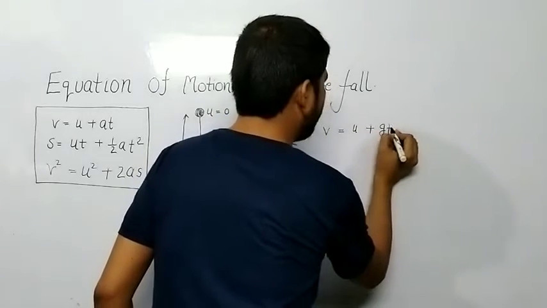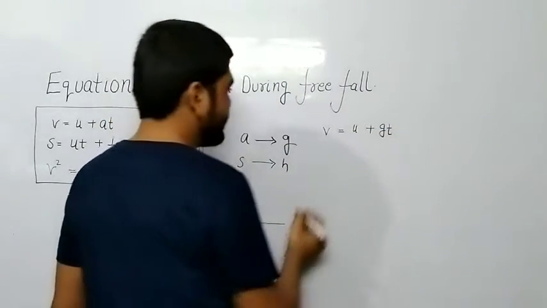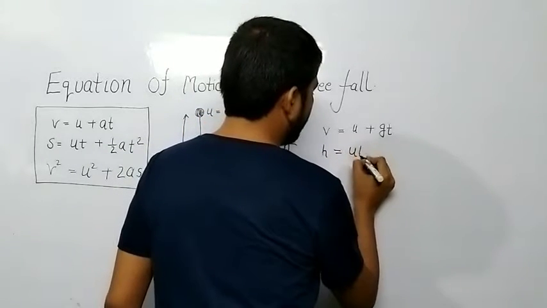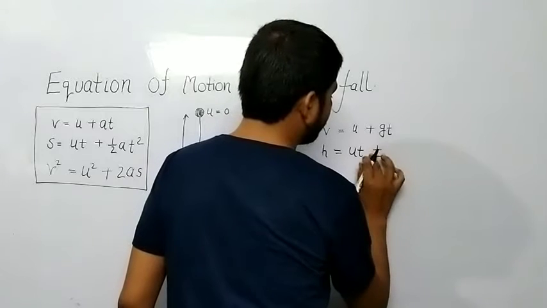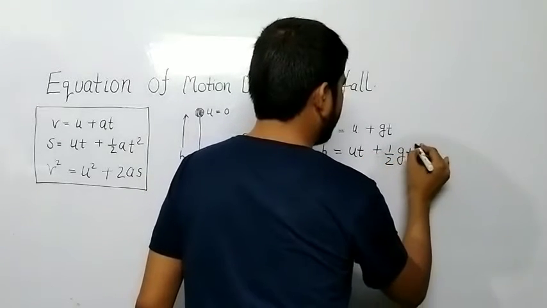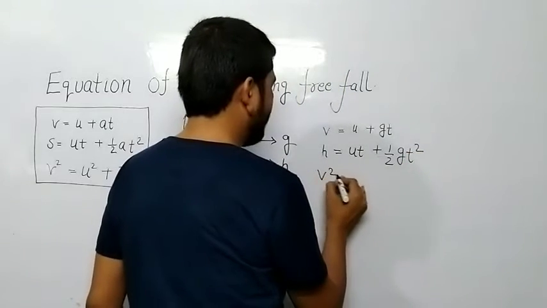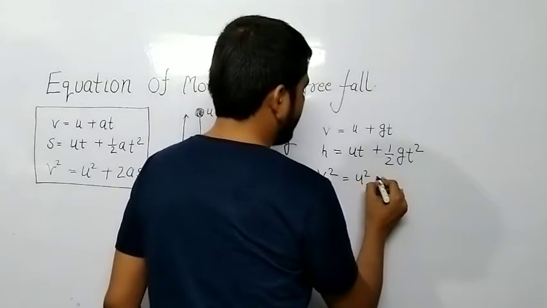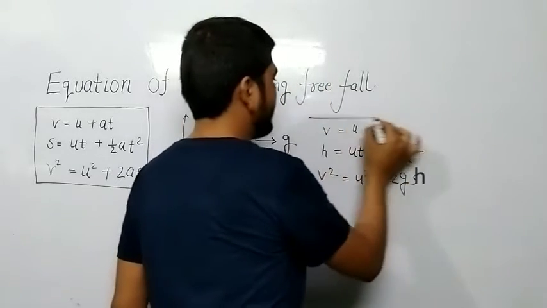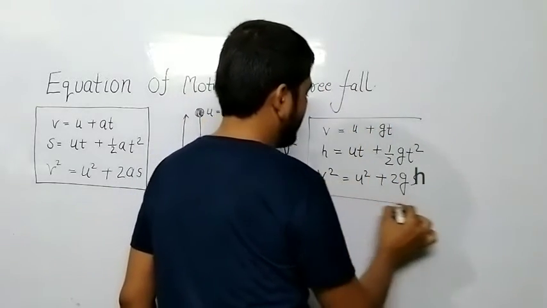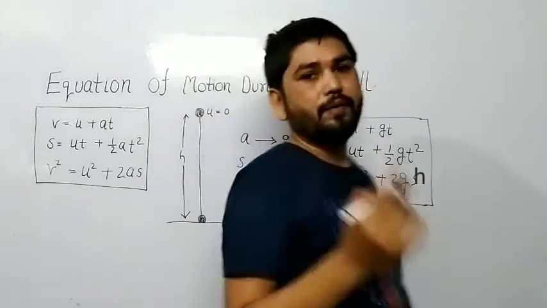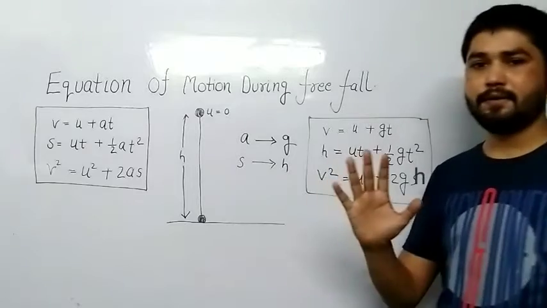The second one, h is equal to ut plus half gt square. The third one, v square is equal to u square plus 2gh. These are the equations of motion during free fall. Got it, guys?